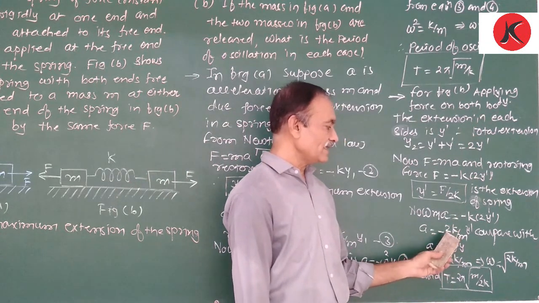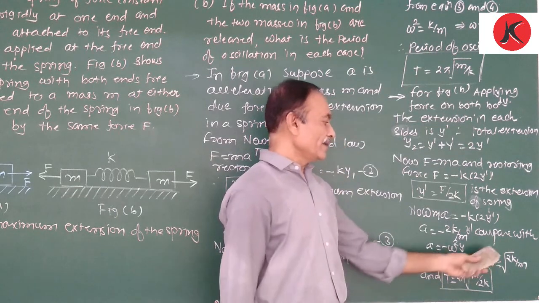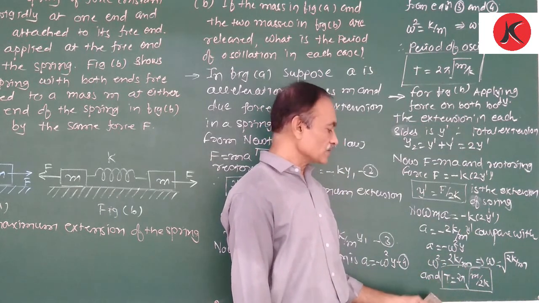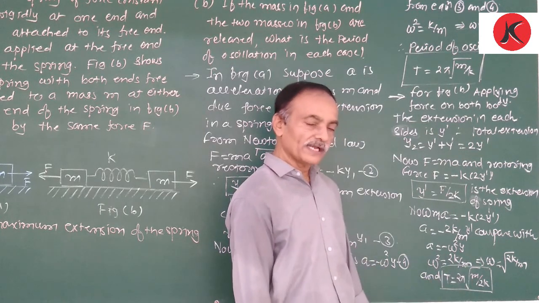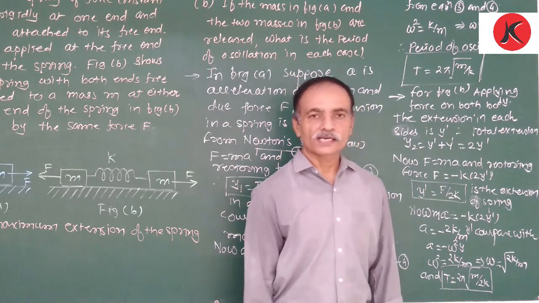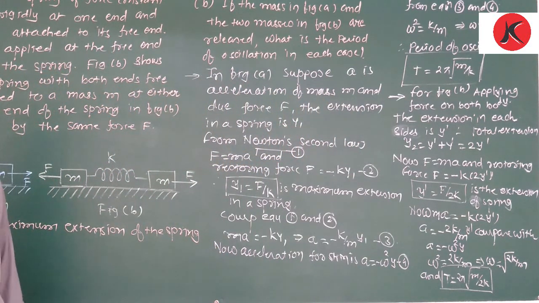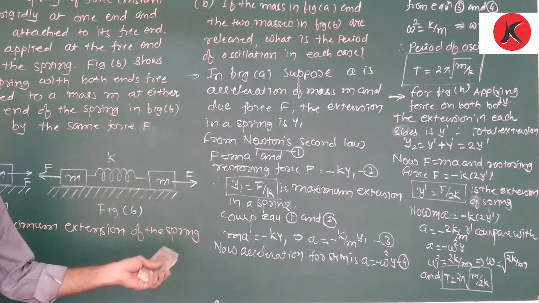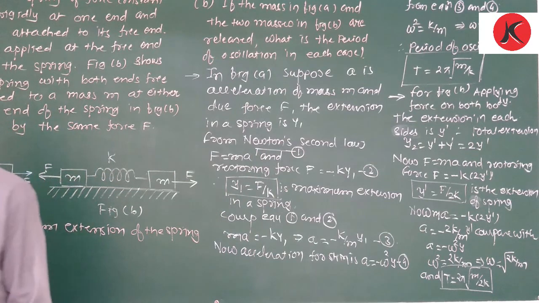Therefore, omega square is equal to 2k upon m, omega is equal to under root of 2k upon m. But period of oscillation T is equal to 2 pi upon omega, therefore 2 pi into under root of m upon 2k. Clear this? So that is the solution of this numerical. The question is quite lengthy, but the solution is very easy.